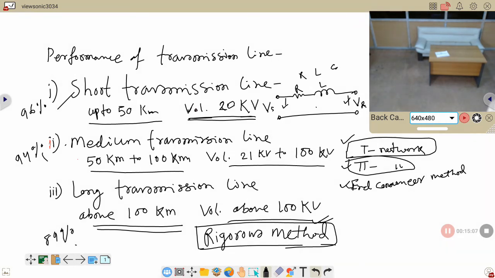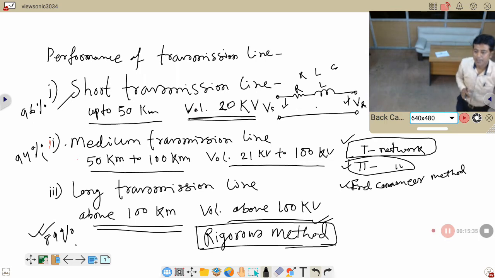So which is the most appropriate efficiency for the transmission line? Obviously consider this 89%, because this is the practical method. Here you analyze by considering line resistance and line inductance, but practically there is some difference. Here you consider the idea.